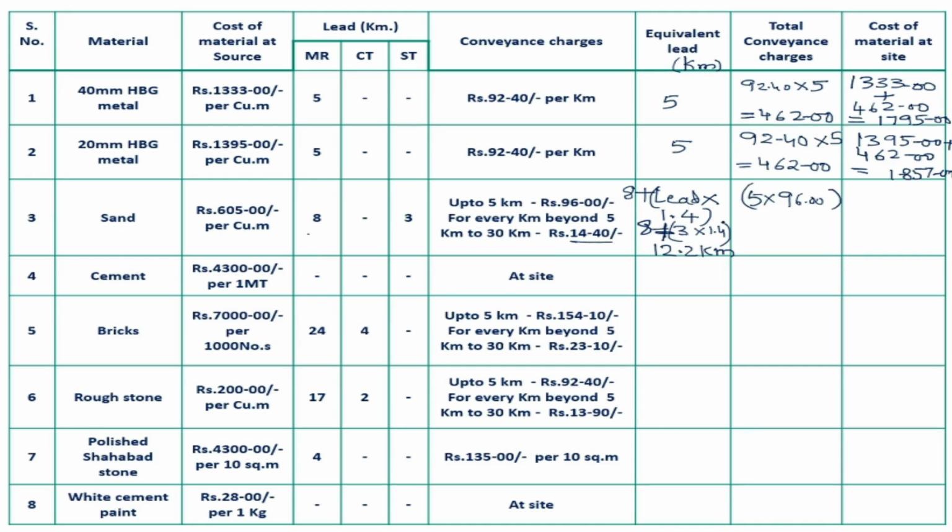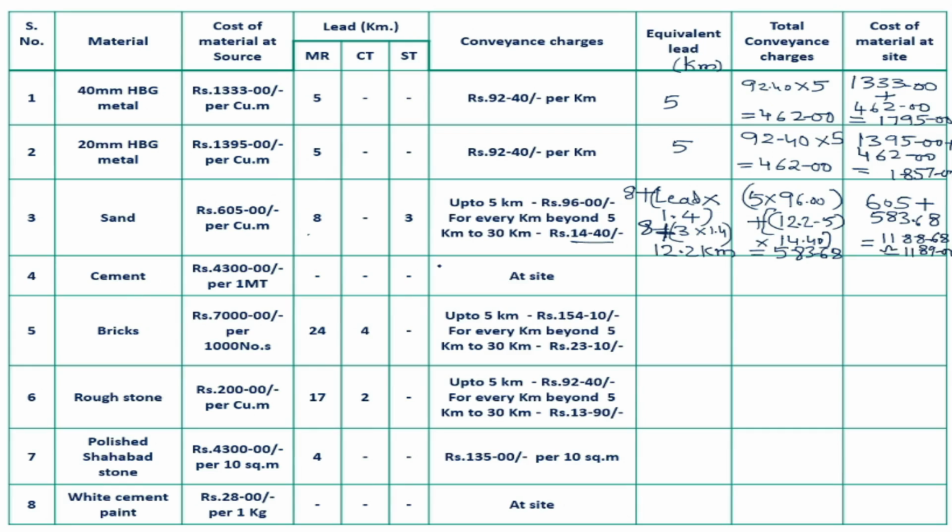So beyond 5 kilometers, 12.2 kilometers minus 5 kilometers into 14.40. Therefore total conveyance charge is 583.68. Cost of material at site is equal to 605 plus 583.68. Total cost is equal to 1188.68. We can round it to 1189 rupees.